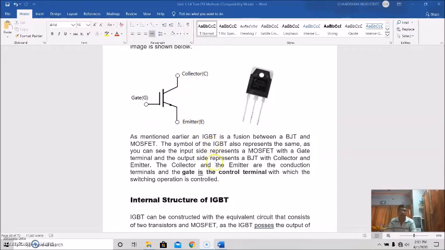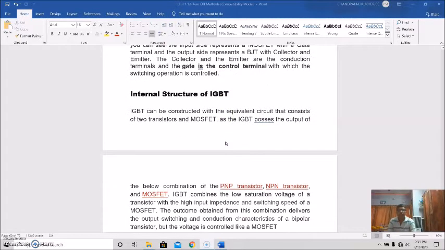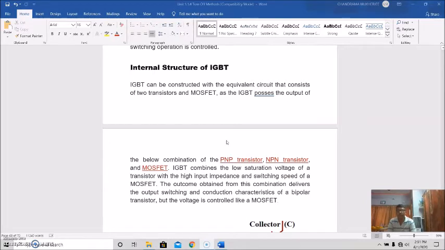Collector and emitter are the conduction terminals, and the gate is the control terminal with which the switching operation is controlled. The MOSFET contributes the gate terminal, which is used for control, and the BJT contributes the collector and emitter for conduction.